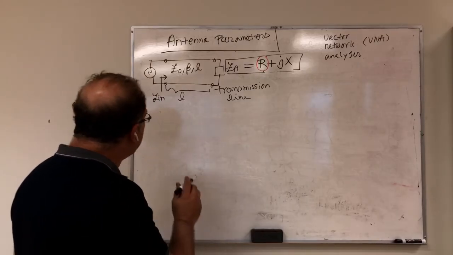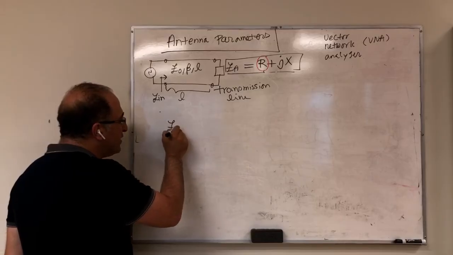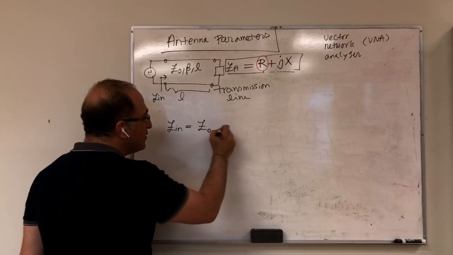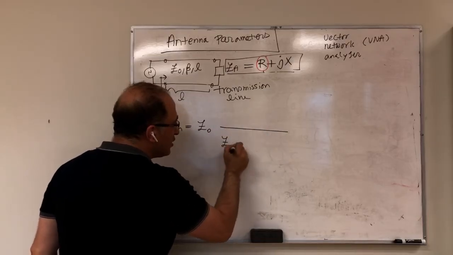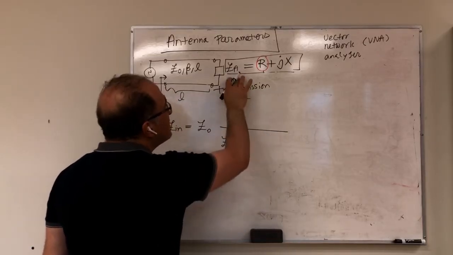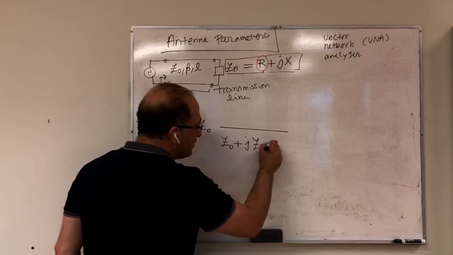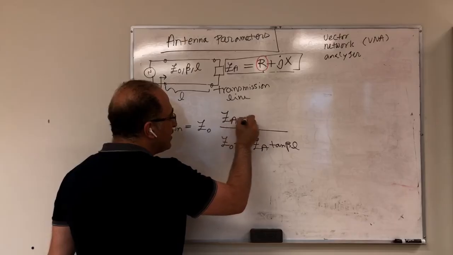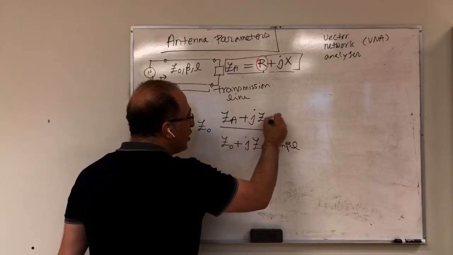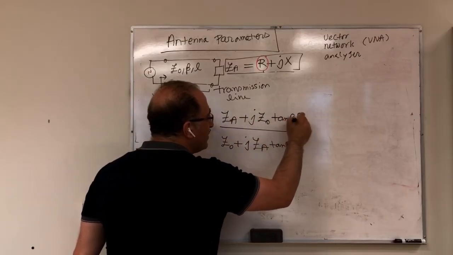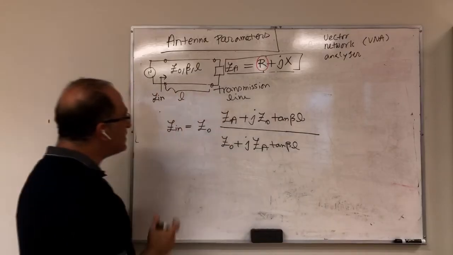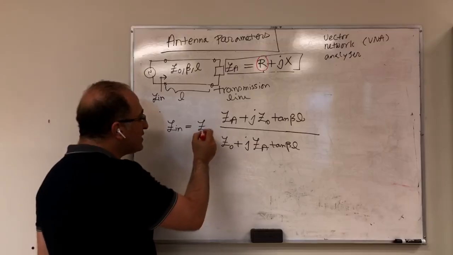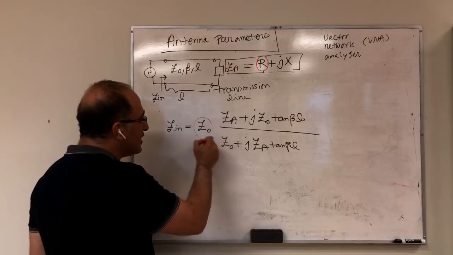So the equation for Zin would be equal to Z0 times (ZA plus j Z0 tangent beta L) divided by (Z0 plus j ZA tangent beta L). So this would be Zin. As you see, it depends on the characteristic impedance of your transmission line Z0.